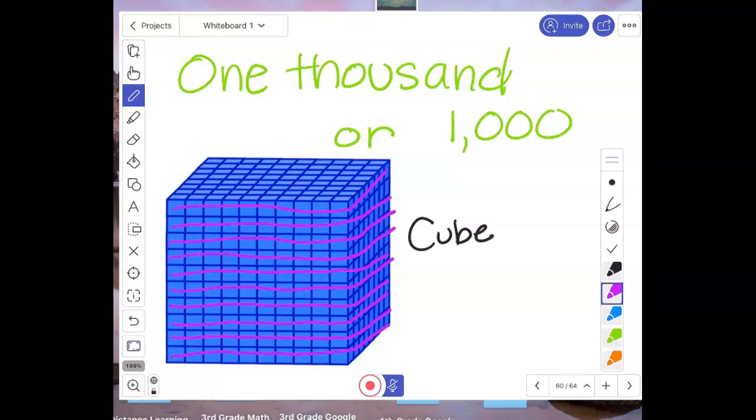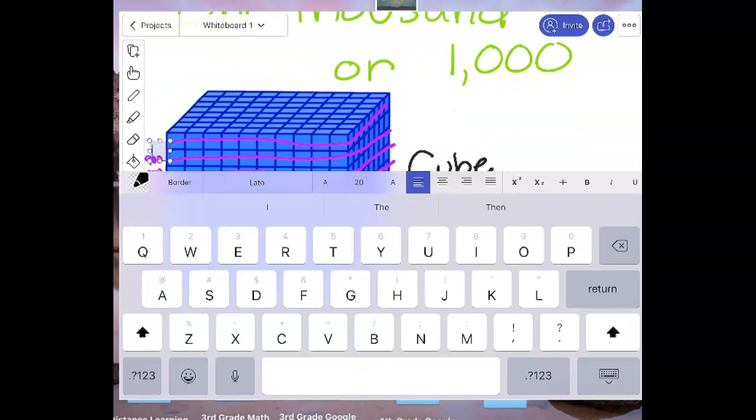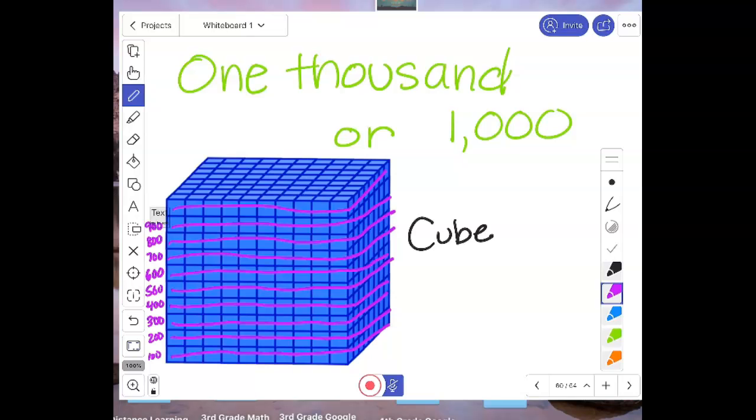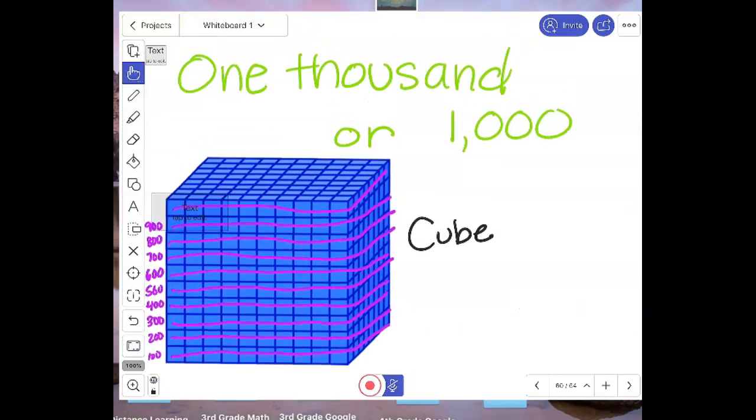So if I was counting, this would be 100, 200, 300, 400, 500, 600, 700, 800, 900, and whoopsie, I don't want that text box there, that's in my way. And one, oh my goodness, I did it again, you guys. And I'm gonna go like this, 1,000.